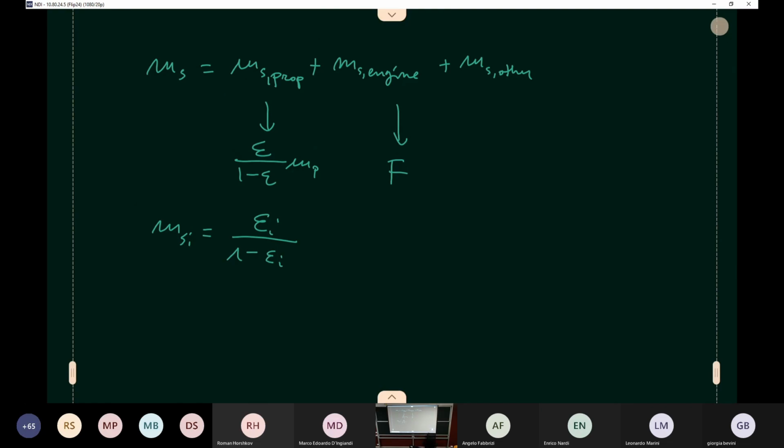We have a contribution proportional to the propellant mass, and another contribution, through a k_E, meaning for the engine, that multiplies the initial mass of that subrocket.